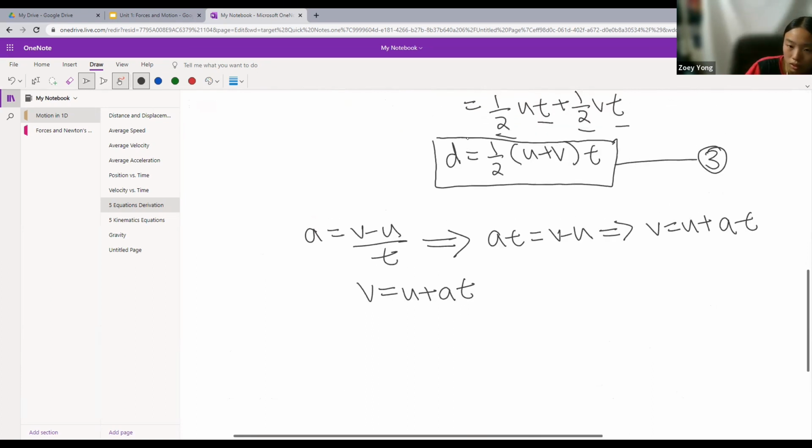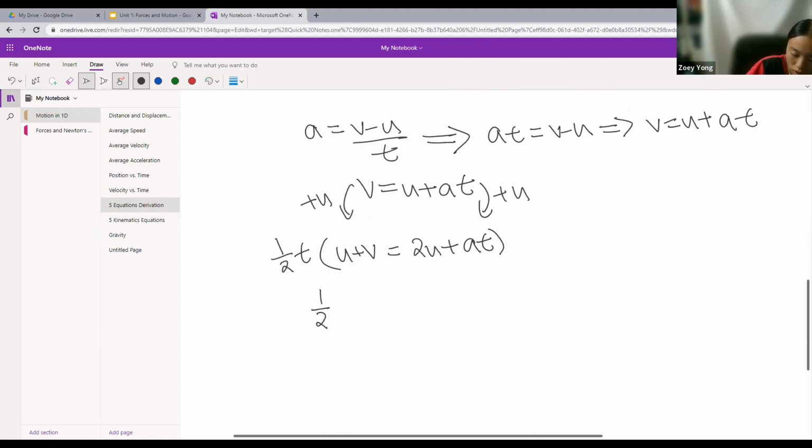Over here, for this equation 3 up here, the first thing we're going to do is add u to both sides. u plus v equals 2u plus at. To make this look like that, we need to multiply both sides by half times t. On this side, we're going to get half (u plus v) times t equals half times (2u plus at).